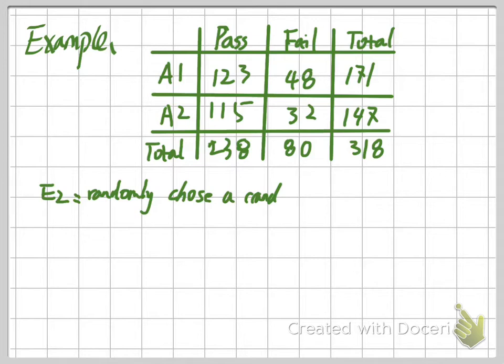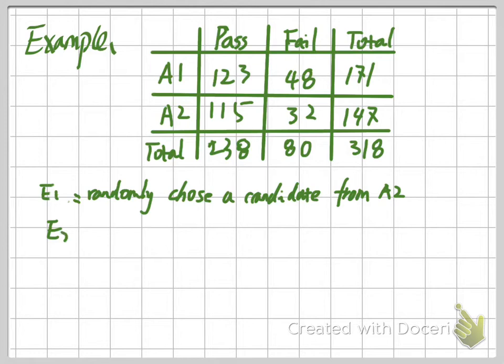In the question, there are two events. The first event is we randomly choose a candidate, and this candidate is from the people who take the A2 exam.